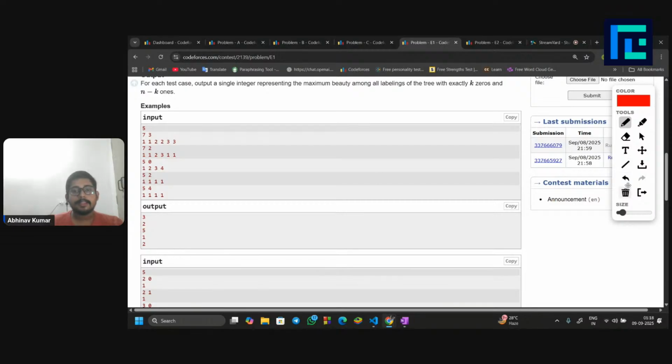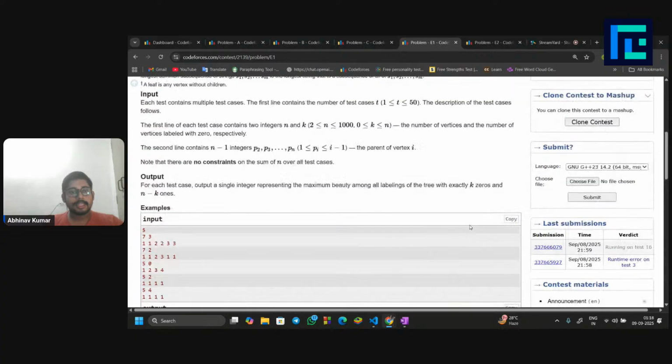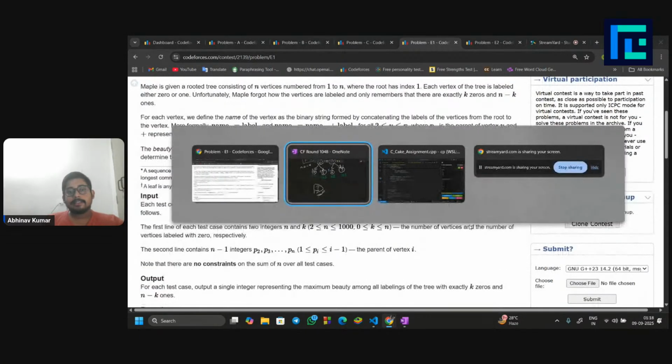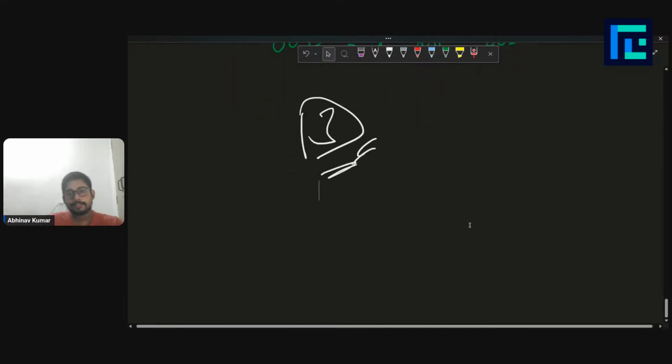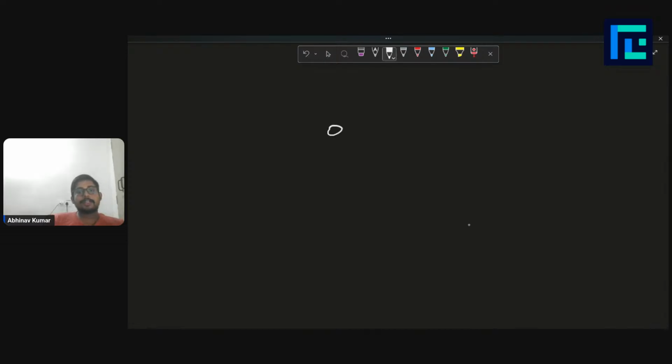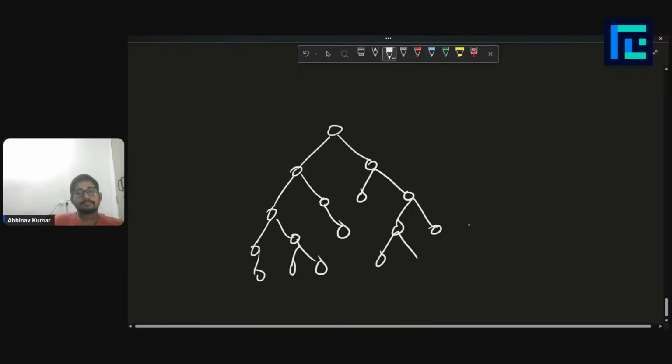Okay. So now you have seen these test cases. Let's try to think now, how do we optimally do an assignment so that we maximize the longest common subsequence. If you look at any general tree, something like that.